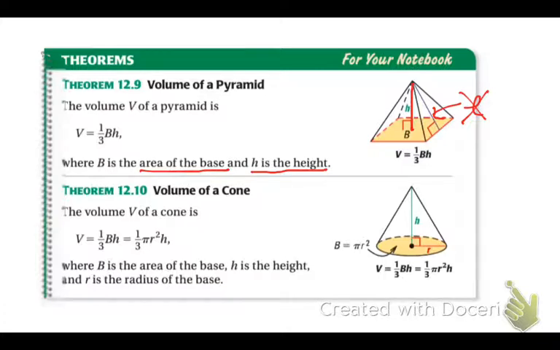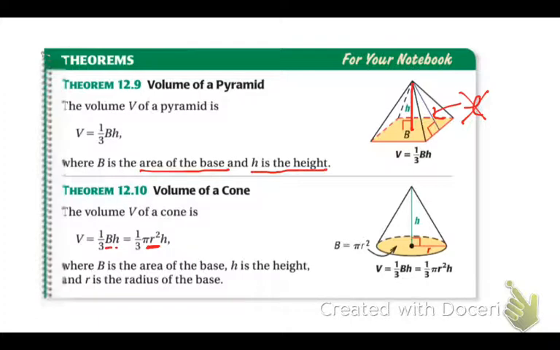Okay. For the volume of a cone, very similar to a cylinder, you have volume equals 1/3 the area of the base times the height. But because the base is a circle, its area is equal to pi r squared, and then we have our h.